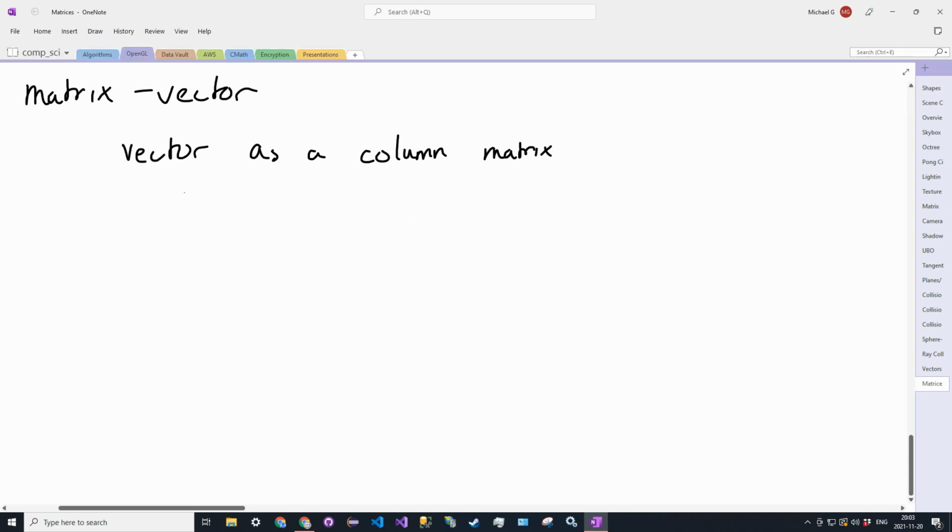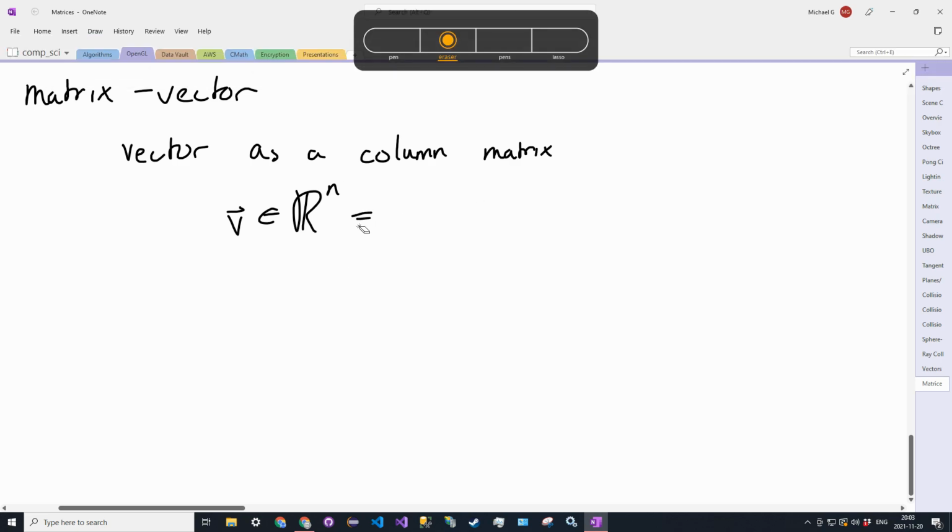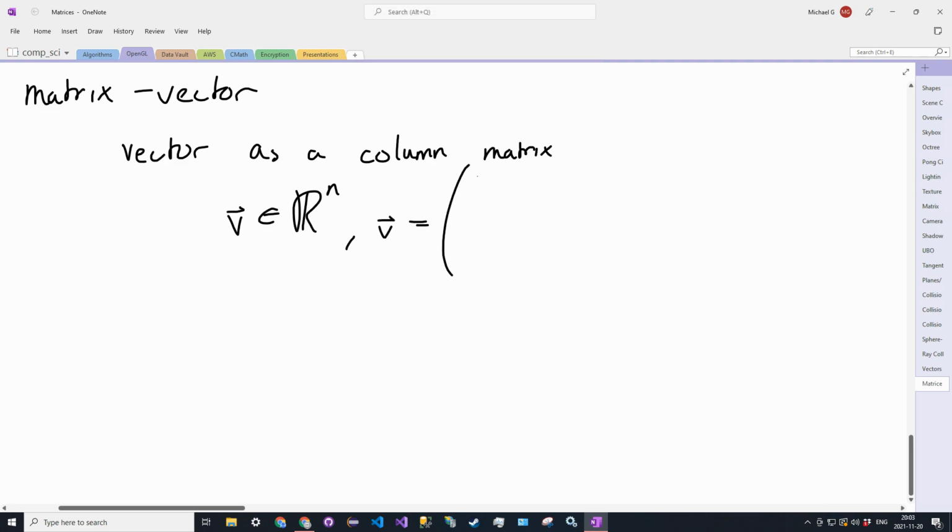So if we had a vector V, which was in n-dimensional space, so in R^n, we would have V equal to V1, V2, all the way to Vn with n elements, and we can consider this as an n by 1 matrix.